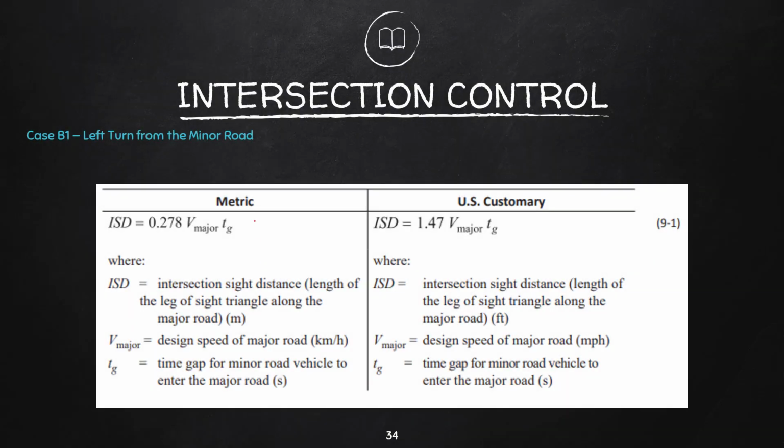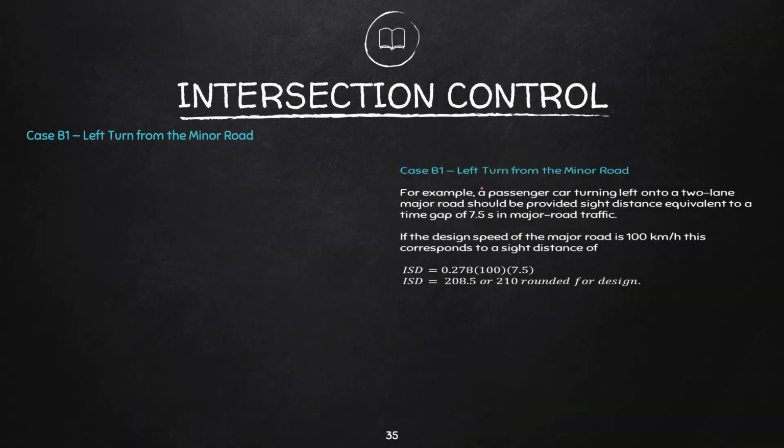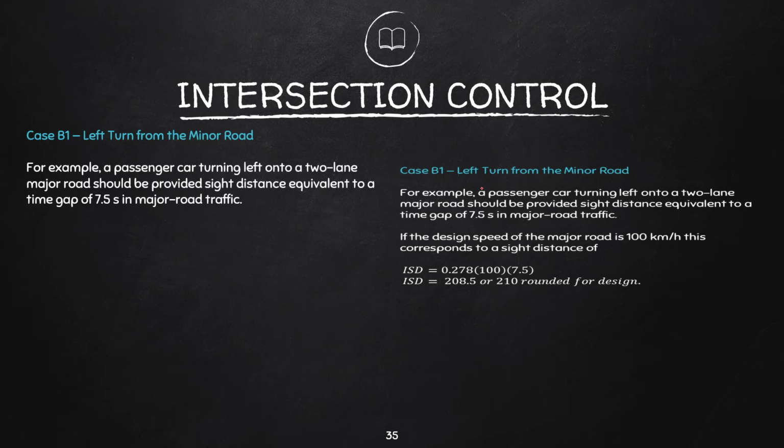We have here the metric and US customary formulas. V major is the design speed of the major road. The intersection sight distance along the major road is determined by this formula, and we have this example.